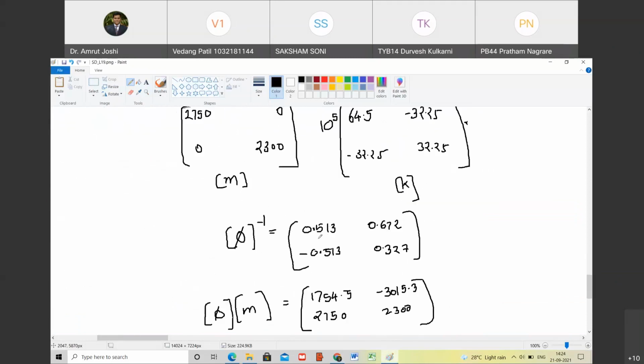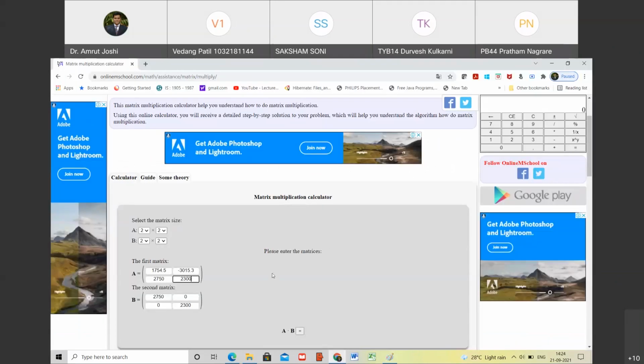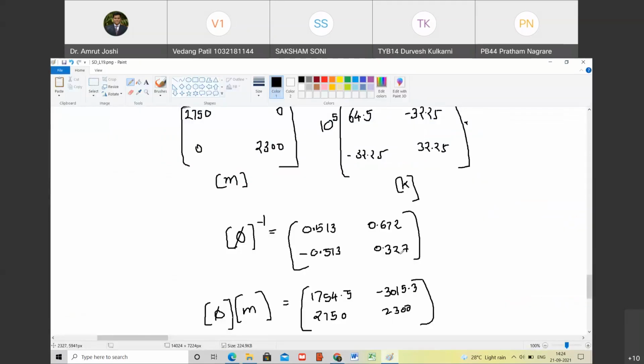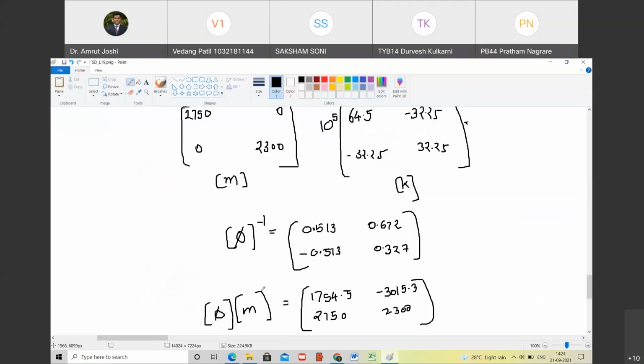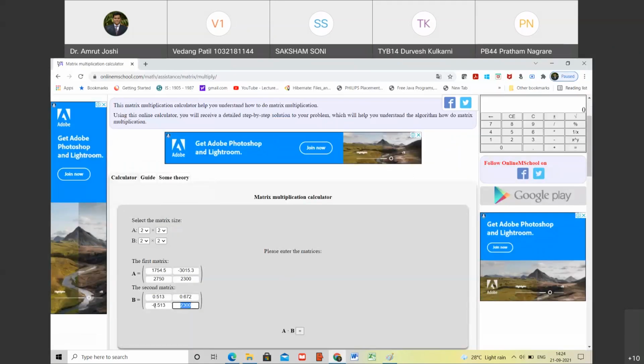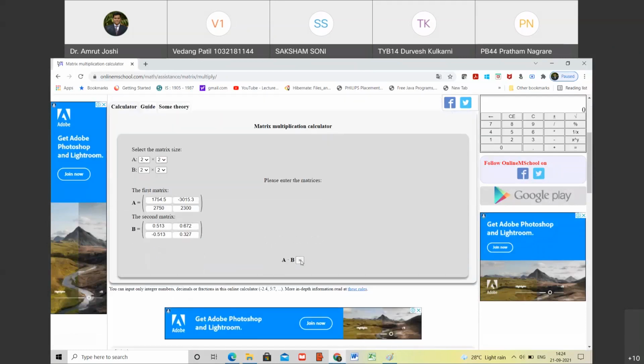So phi inverse becomes 0.513, 0.672, minus 0.513, and 0.327.